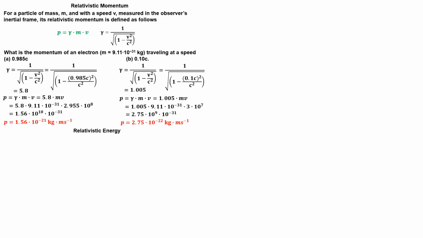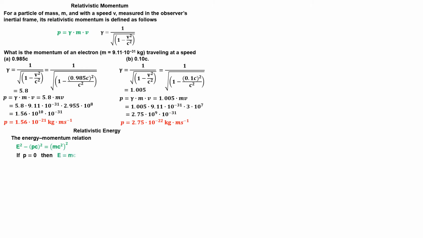The equation that relates the total energy to the relativistic momentum is given as follows. Often the momentum or energy of a particle rather than its speed is measured. So it's useful to find an expression relating the total energy to the relativistic momentum. When the particle is at rest, p equals 0.